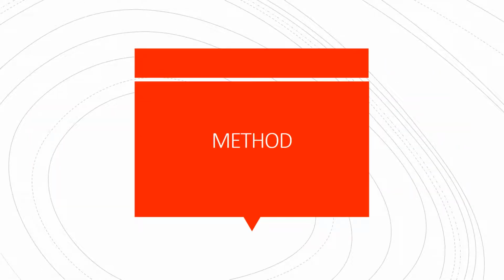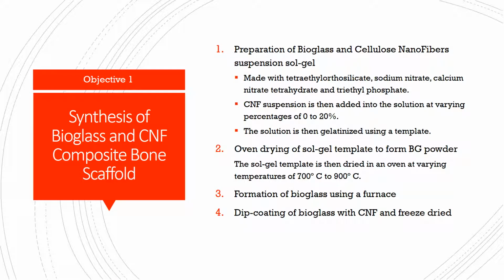The next part comprises the method that I have used in my experiment. In order to achieve the first objective, which is the synthesis of bioglass and cellulose nanofiber composite bone scaffold, the first step is to prepare the bioglass and cellulose nanofiber suspension sol gel.